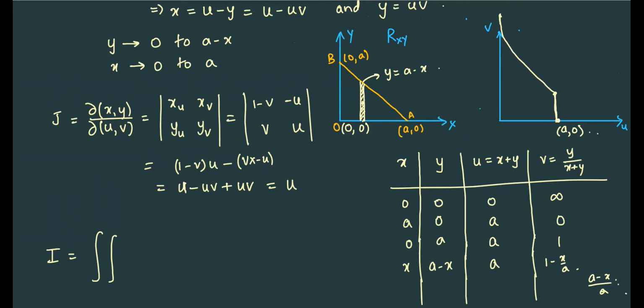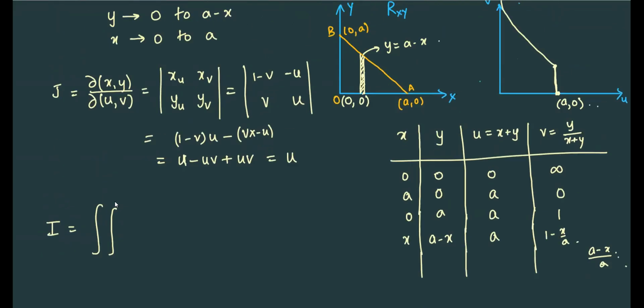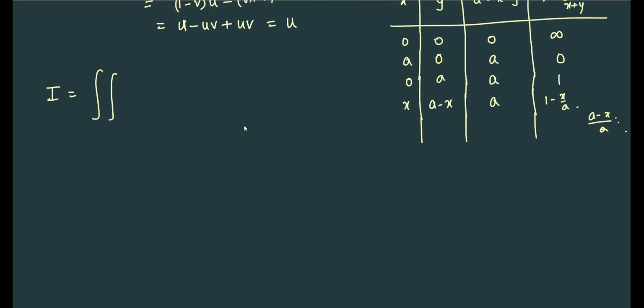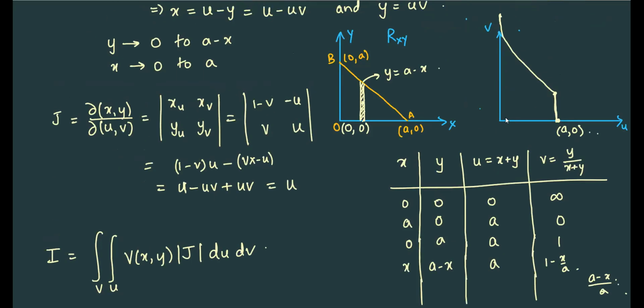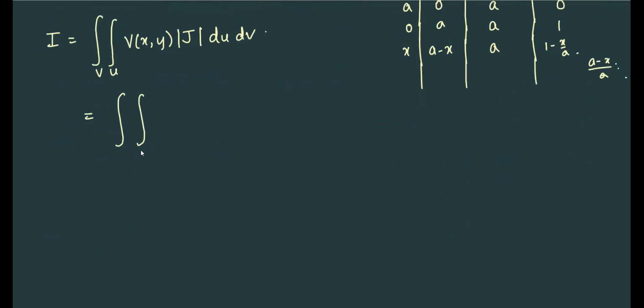So now when we transform, we have v of x comma y into Jacobian du dv, limits on u and v. So the limits on u will be 0 to a, and v will be 0 to infinity.